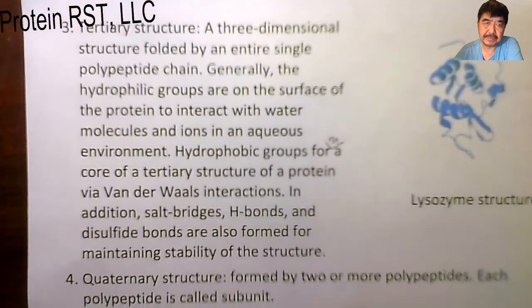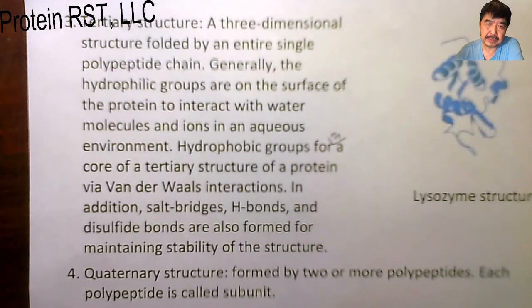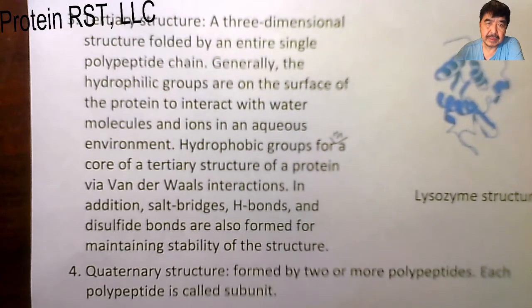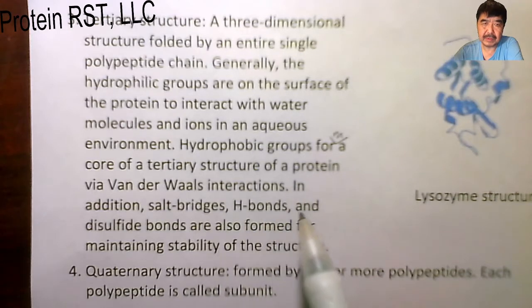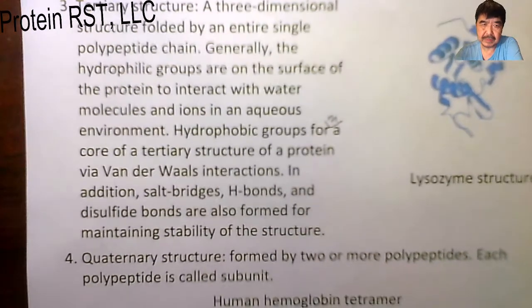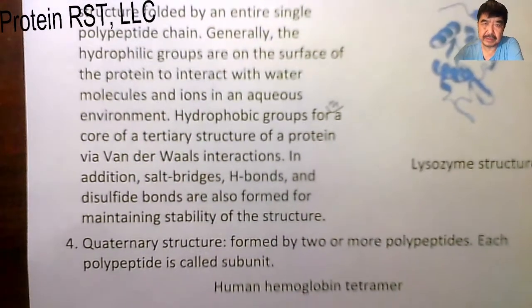Hydrophobic groups form a core of the tertiary structure of the protein through van der Waals interactions. In addition, salt bridges, hydrogen bonds, and disulfide bonds are also formed for maintaining stability of the structure.